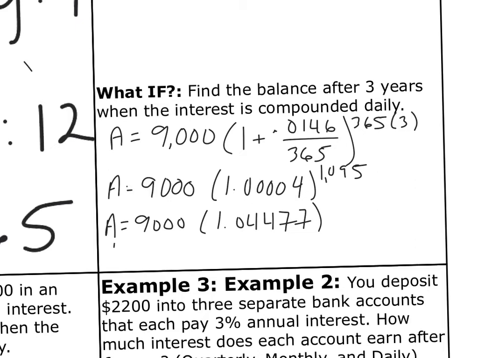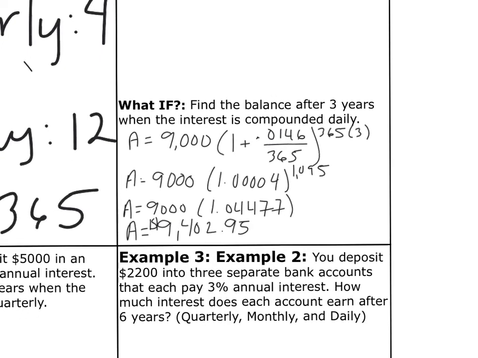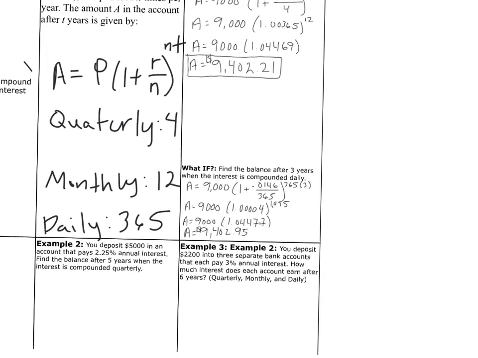So I've got A is equal to $9,402 and 95 cents. So looking at that, you can compare the two now. Comparing the two, we zoom out, and it looks like we got roughly the same amount. If you compound it daily, the only difference is maybe roughly 70 cents, or maybe a little less than that, maybe like 64 cents.